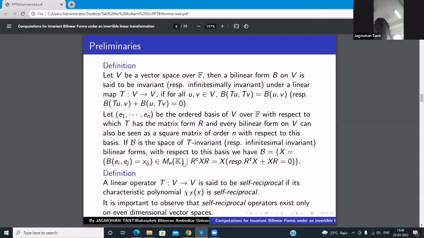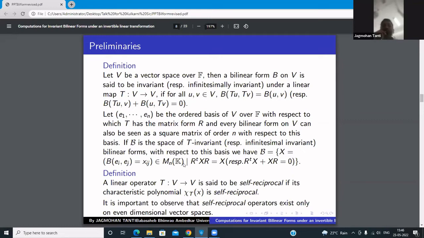There is another definition: when we say a linear transformation from V to V is cyclic. If there exists a vector v such that the set v, Tv, up to T to the power n minus 1 of v forms a basis for V. The first result is about this cyclic self-reciprocal transformation.